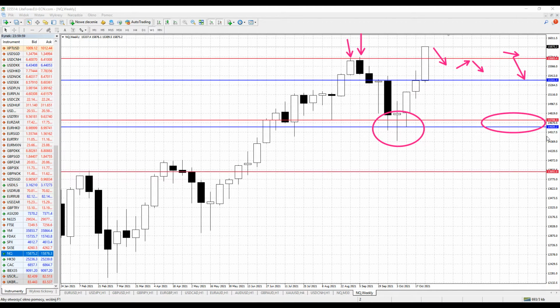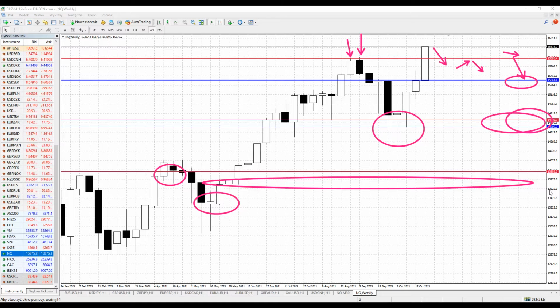Because it's working on both monthly and weekly charts. So if we are going to break through to the downside, when it comes to the bear market, we are immediately going to reach this level. That's how I see things. And then of course, levels close to 14,000 could be in the cards.